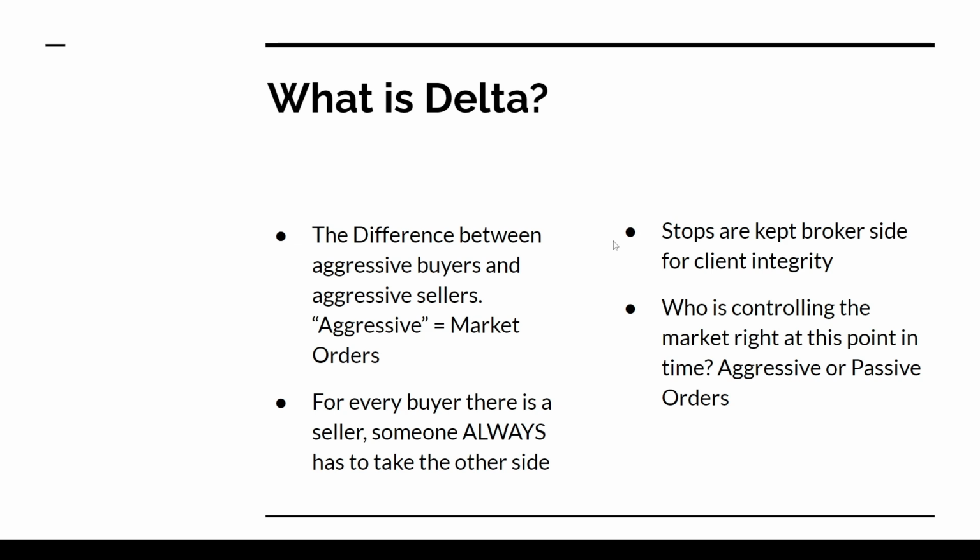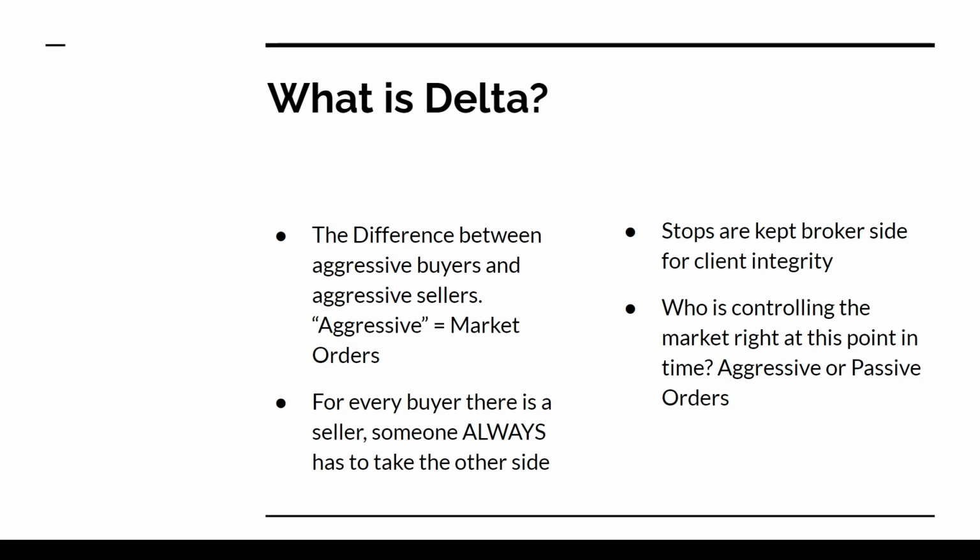Another thing you need to take into consideration when you are looking at delta and the daily picture of what has happened and is going to happen that session is who is controlling the market right now, at that exact time when you're looking at the screen. Is it an aggressive market order market, where buying is happening, price is going up and the offer is not standing in the way?